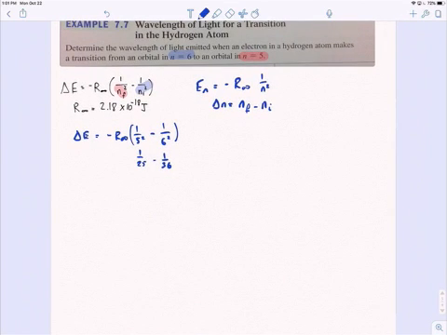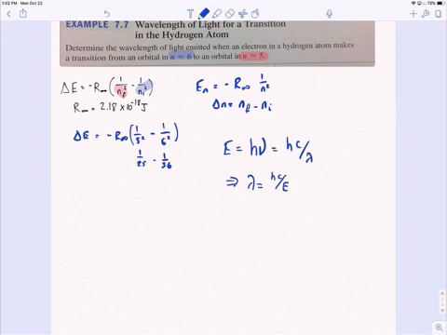So now, either way, we have the change in energy. And remember the formulas for wavelength. Energy is equal to h nu equals hc over lambda, which then implies lambda is equal to hc over energy.